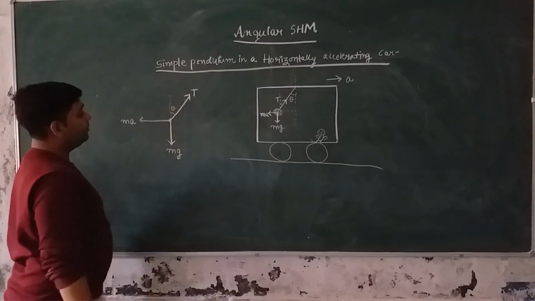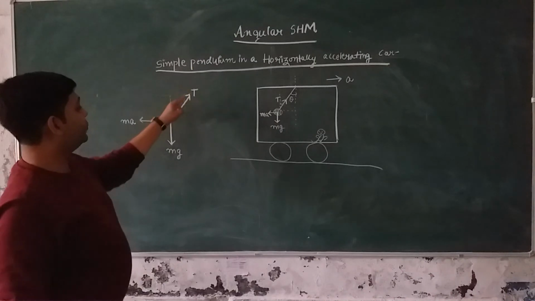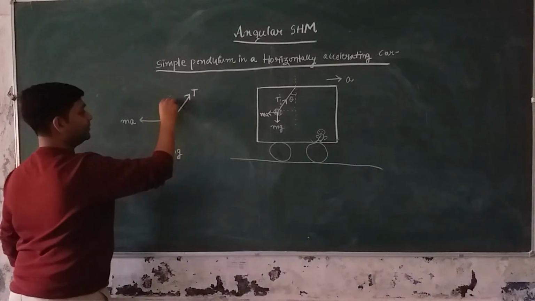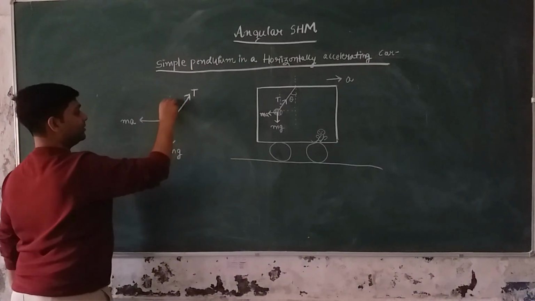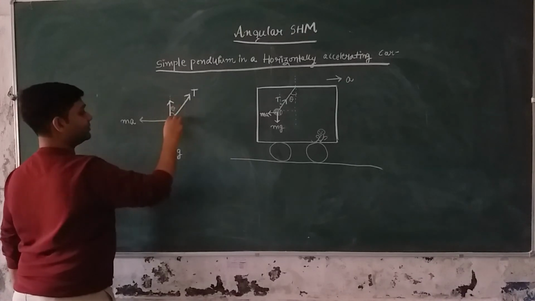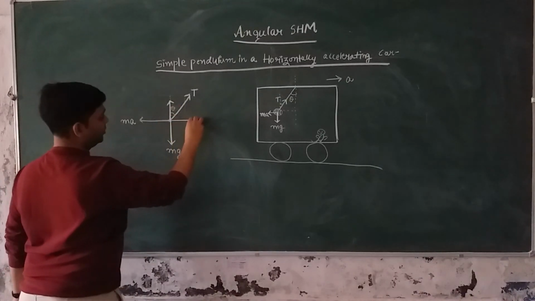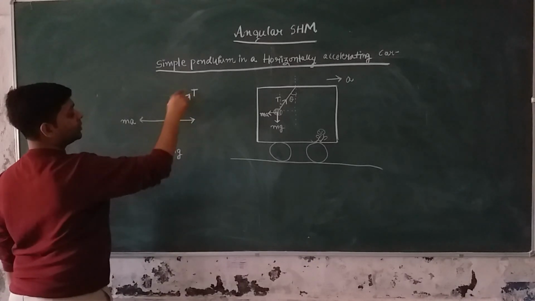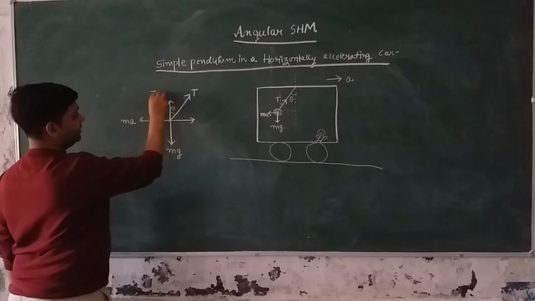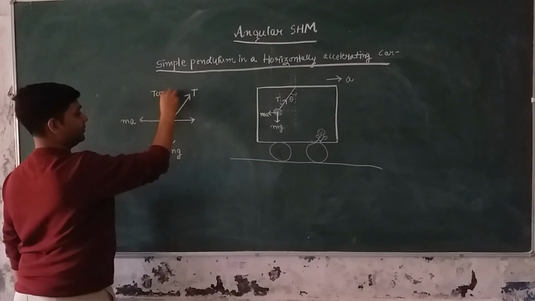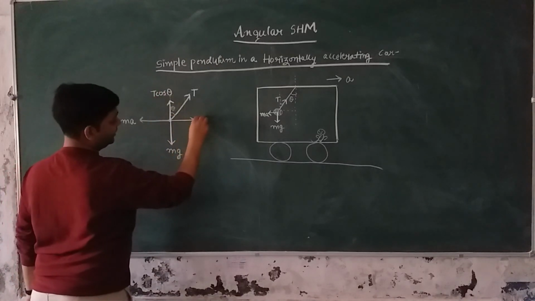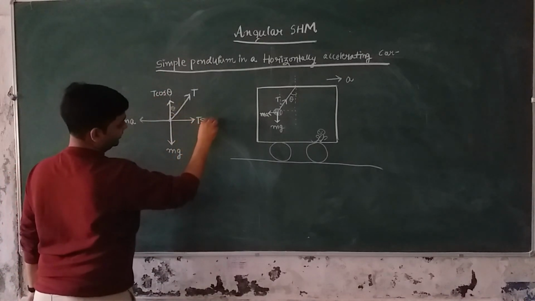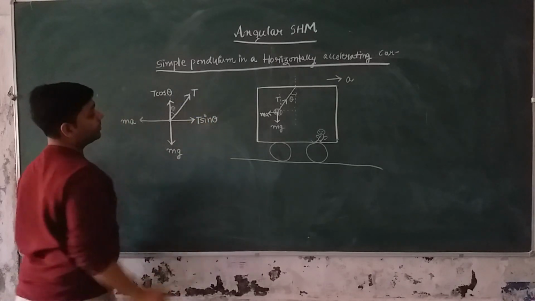Now what we can do, we can resolve this tension force into two components like this. This is one component and this is another component. So towards theta angle, the component will be T cos theta, and away from theta angle will be T sin theta, right?